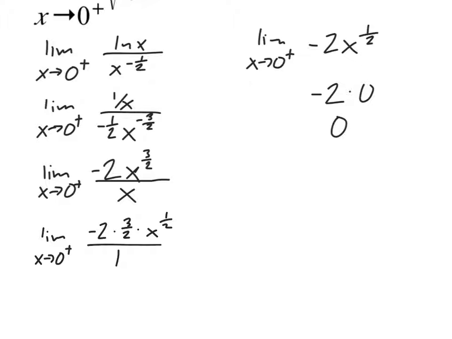And again, notice if you then look to see what x to the 1/2, or the square root of x, is approaching from the right-hand side, that would be 0, so it's 0 over 1, which is 0. And so either way you did it, you're going to get an answer of 0.